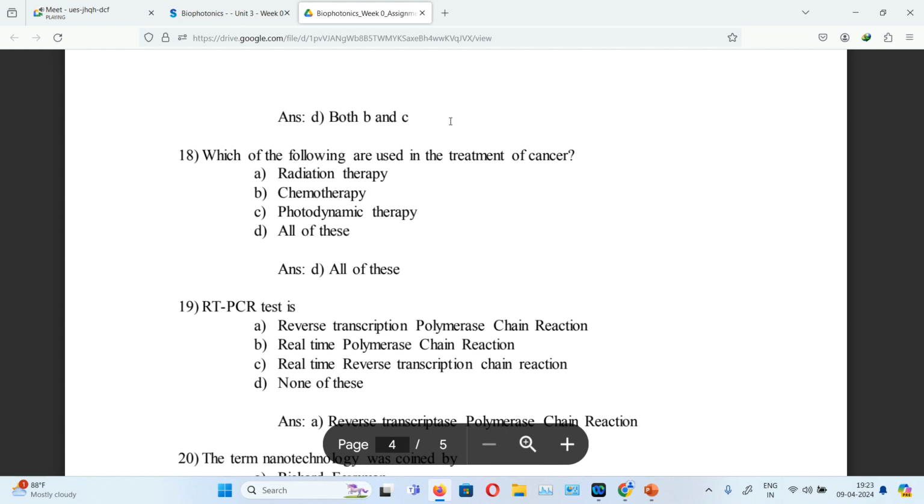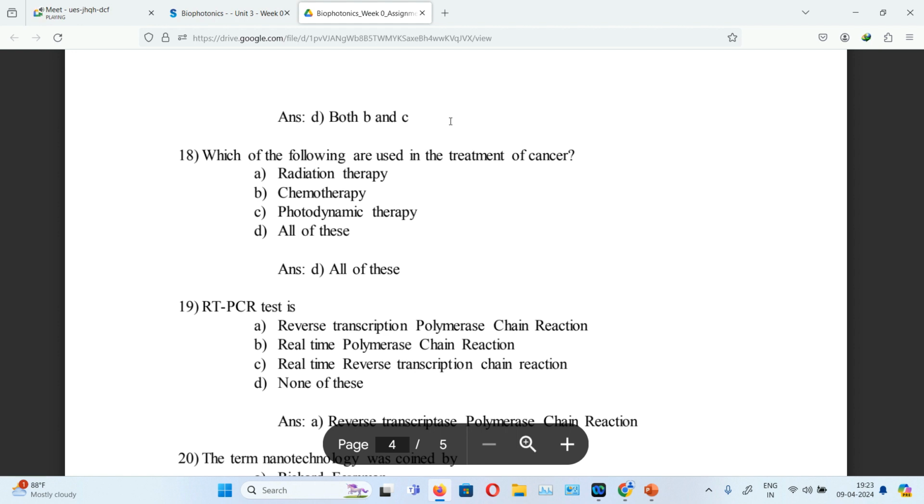Chemotherapy is the method through which we use chemical substances as medicines to kill the cancerous cells. Photodynamic therapy selectively uses some medicine that binds to the area of the cancerous growth, and using light waves we can destroy the cancerous cells. So all these things are correct. The answer is all of these.